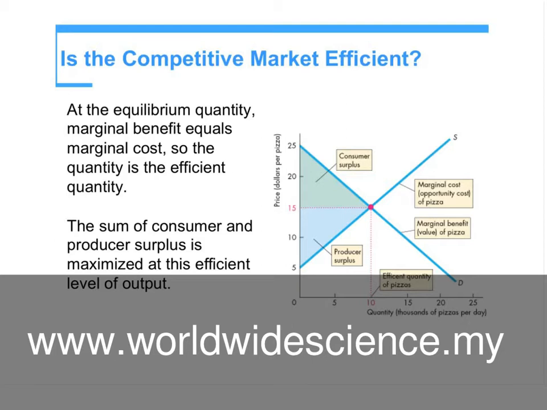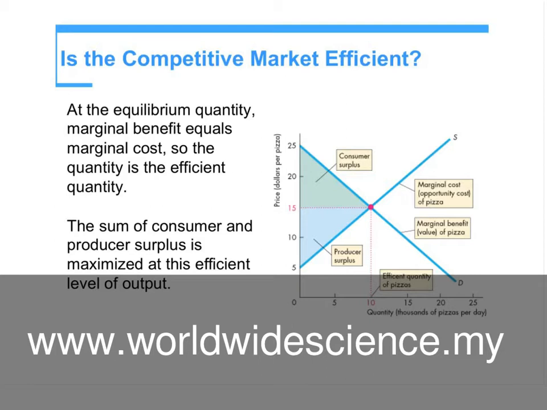The way you could look at it is marginal cost is also your opportunity cost, and the marginal benefit is also the value of the pizza. Value is a bit different from money. It's not just the price, it's the benefit you get at the price that you pay for that extra unit of the product, which is your marginal benefit.